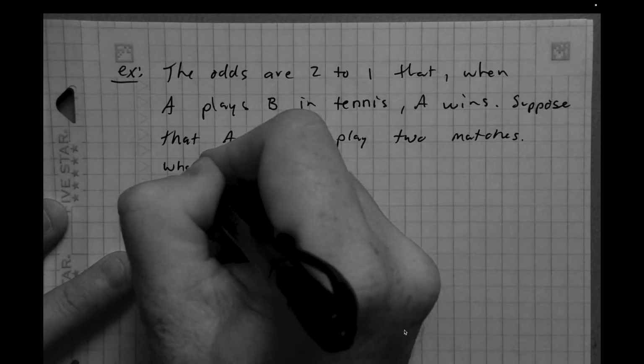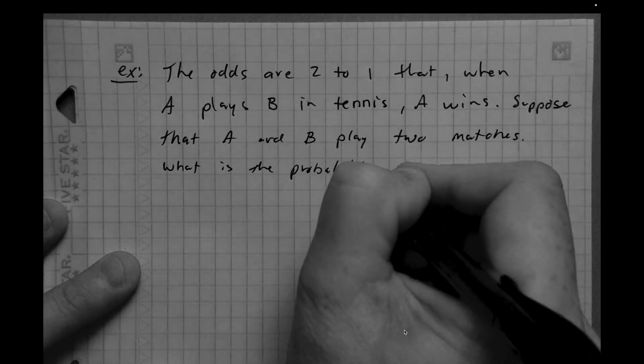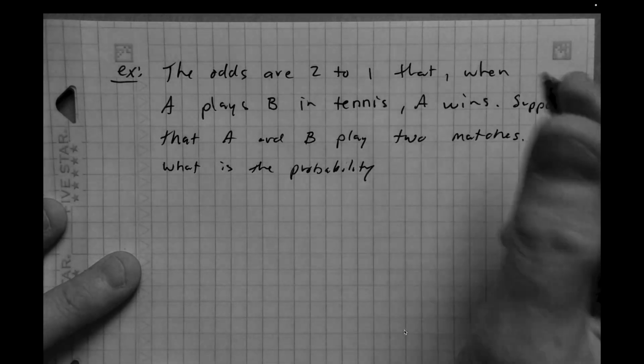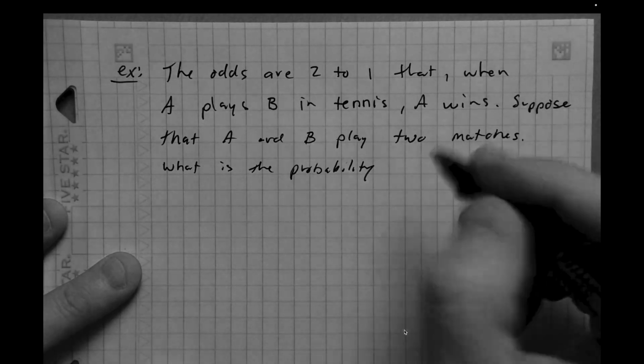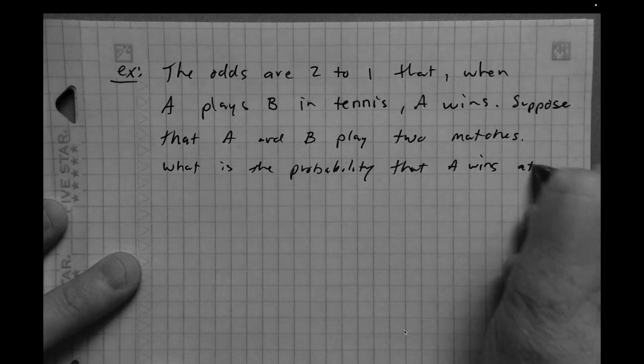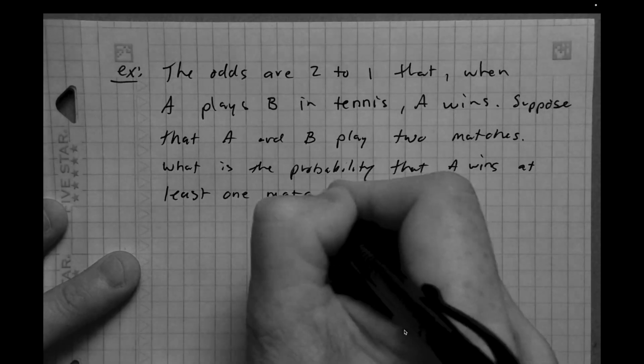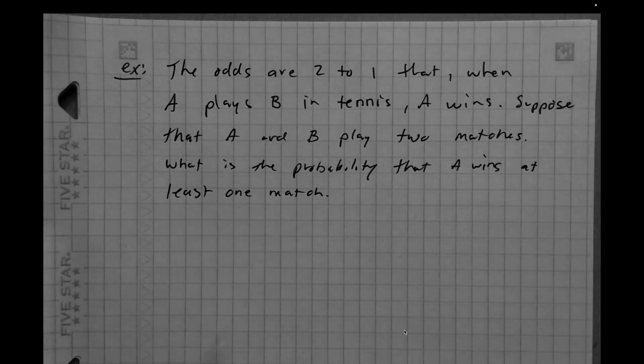What is the probability that A wins at least one match? That's the question. All right. So A has a better chance of winning in any particular match. If they play two matches, what's the probability that A wins at least one of them?